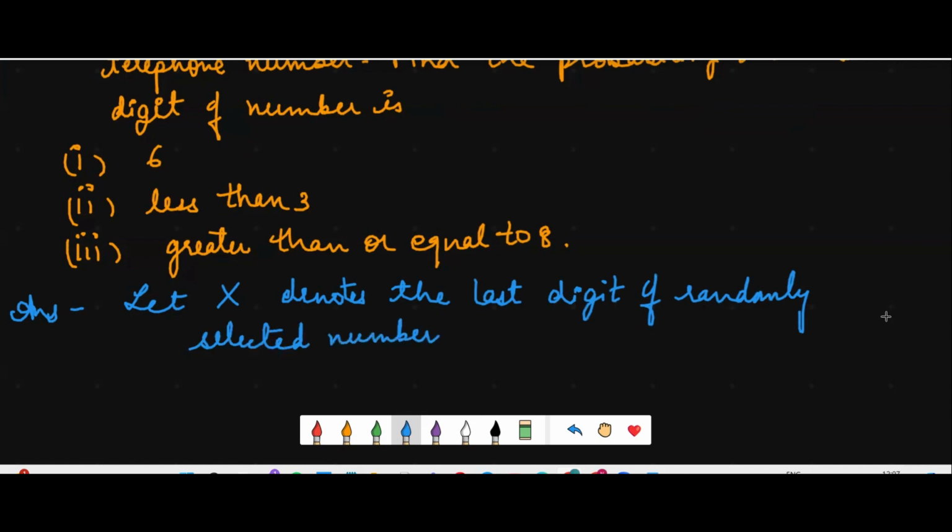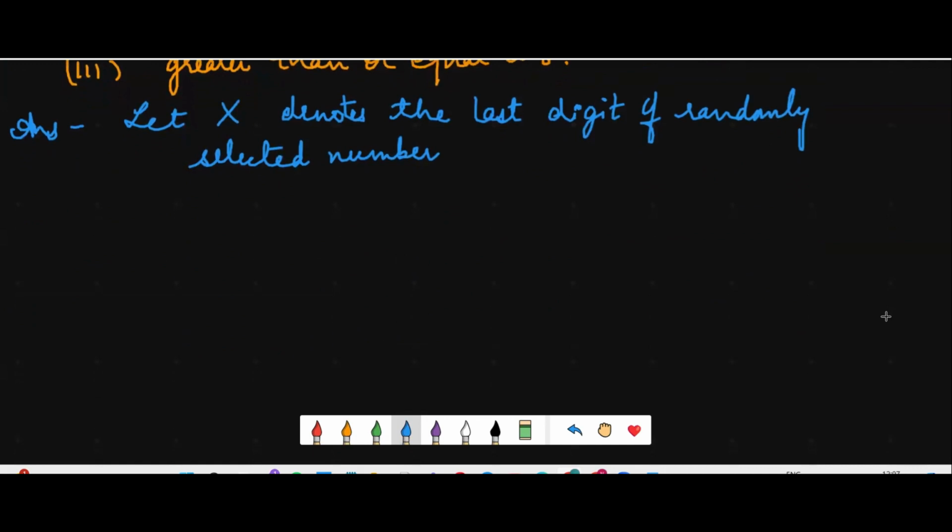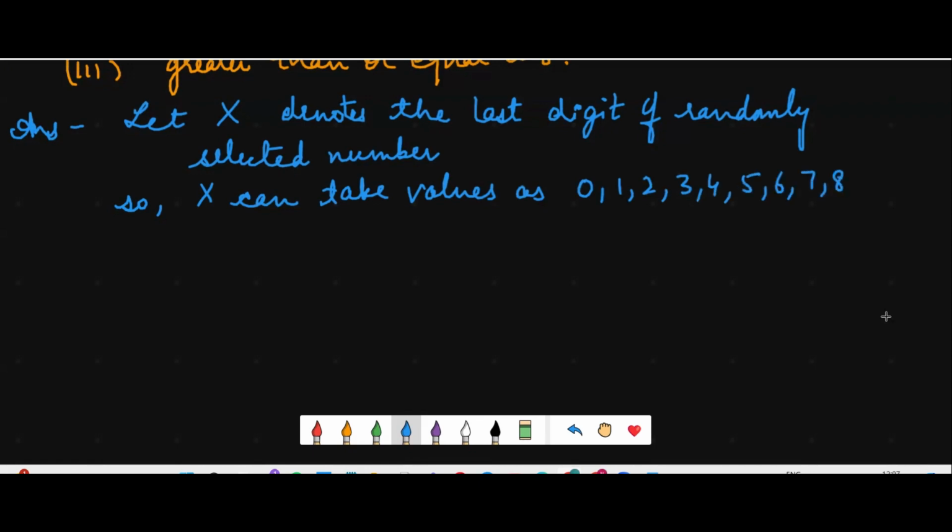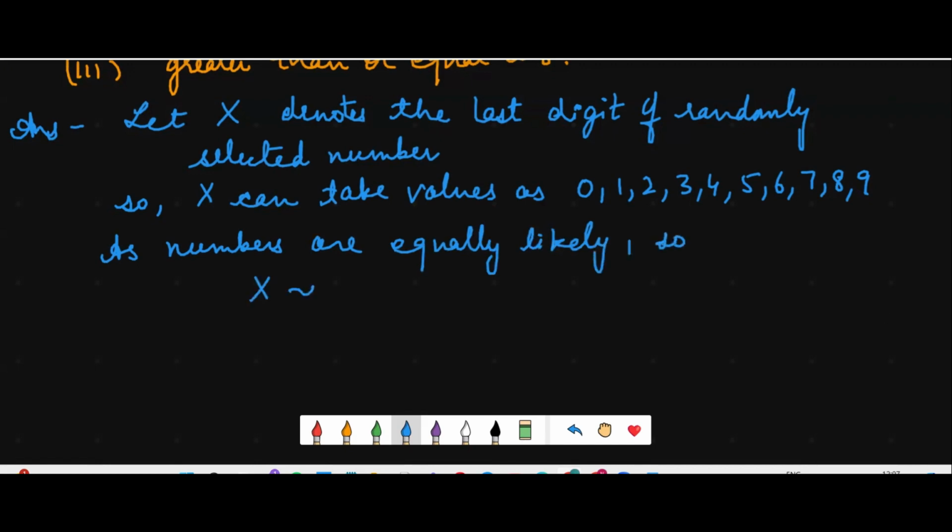So that means X can take the values 0, 1, 2, 3, 4 up till 9. So we have 10 values, right? As the numbers are equally likely, X follows a uniform distribution where A is 0 and B is 9 with the PMF.